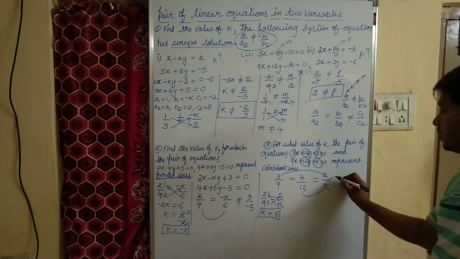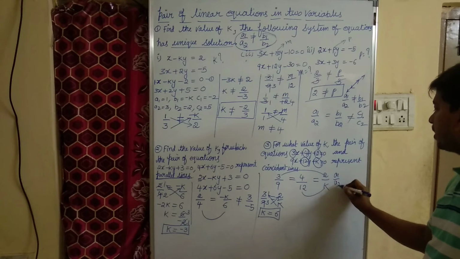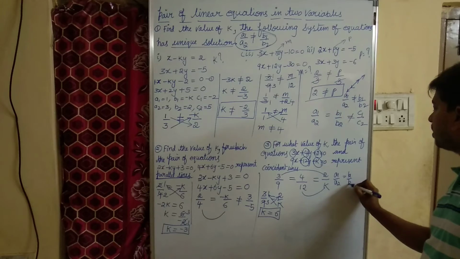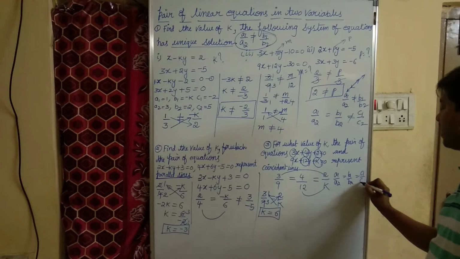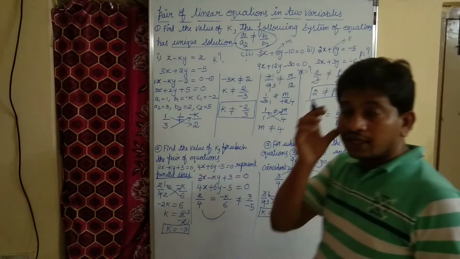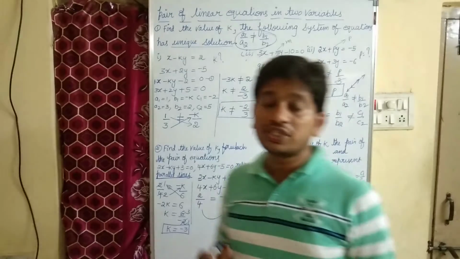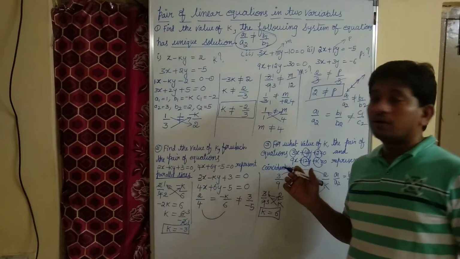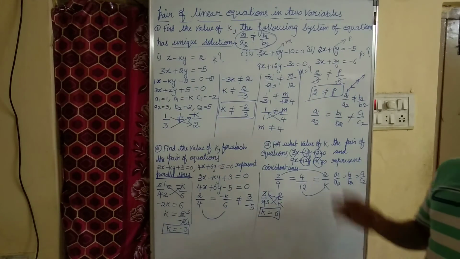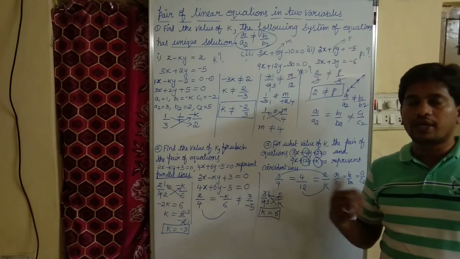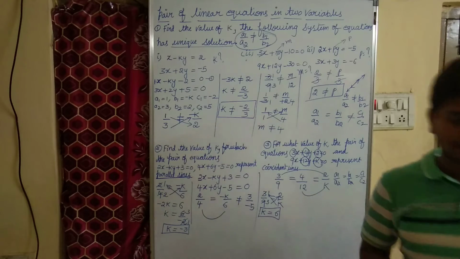And the condition for coincident lines is A1 by A2 equal to B1 by B2 is equal to C1 by C2. These are the three conditions which are most important concepts. They may ask for 2-mark questions or else 4-mark questions. Okay, children?